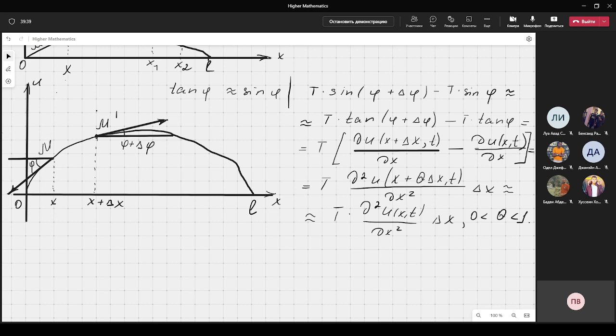In order to obtain the equation of motion, we must equate to the force of inertia the external forces applied to the element. Let rho be the linear density of the string. Then the mass of the element of the string will be rho times delta x.